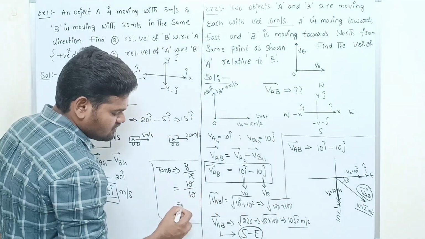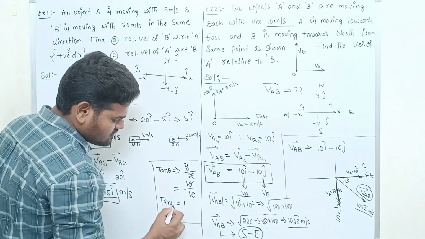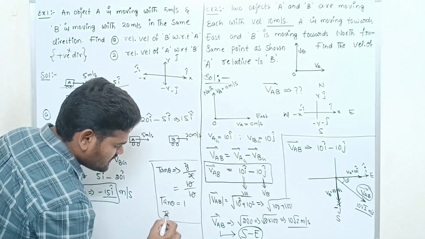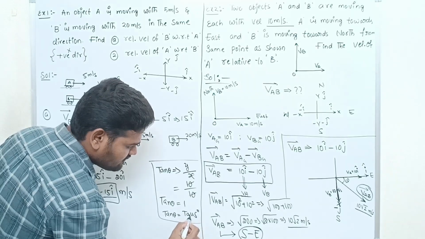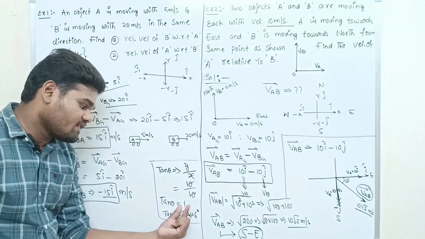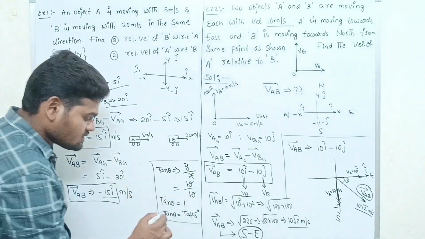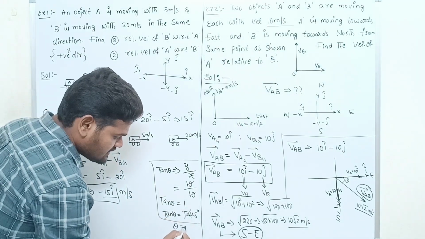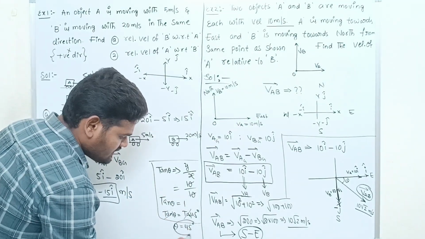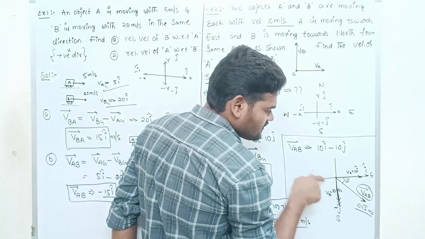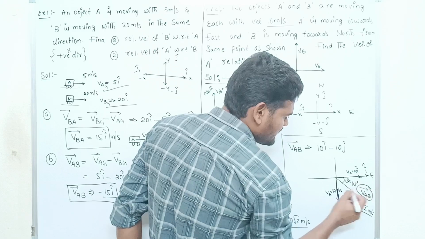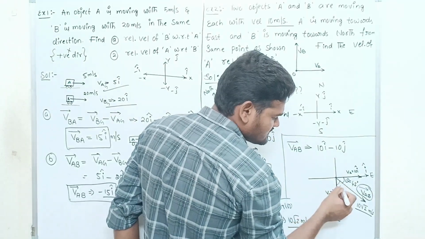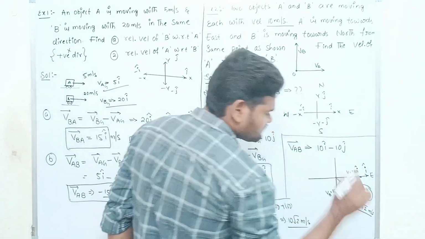So 10 cancels out and you get 1. So tan theta is equal to 1, so theta is equal to tan inverse of 1, which is tan 45 degrees. The tan 45 degrees value is 1. So theta is equal to 45 degrees. That means from the positive x-axis, this resultant velocity makes an angle of 45 degrees. If this is 45, then this is also 45 degrees.